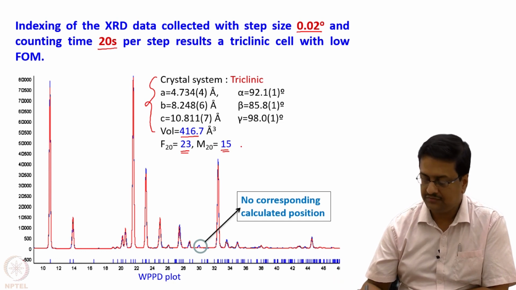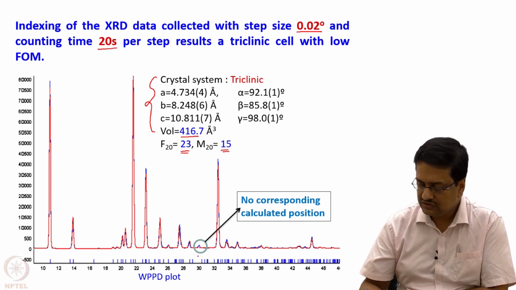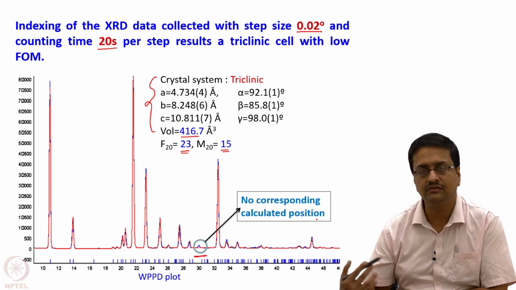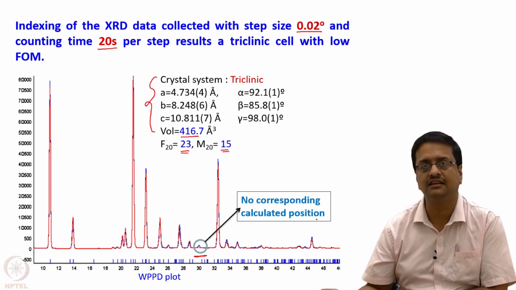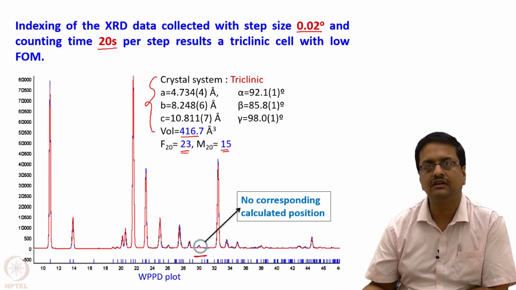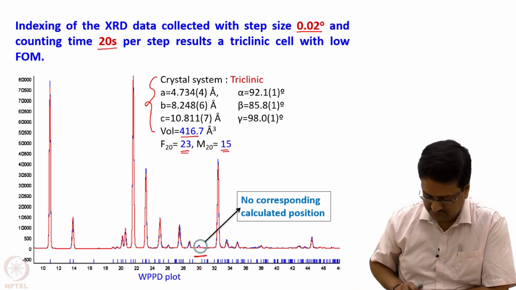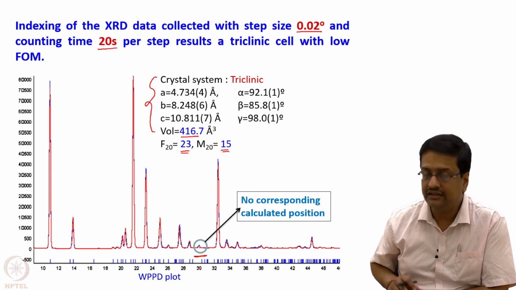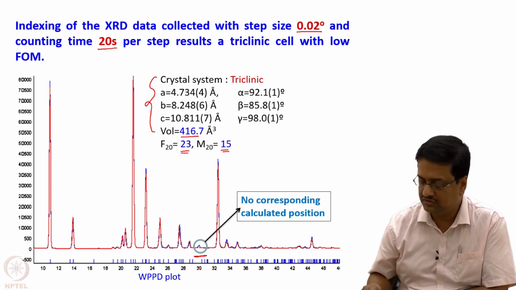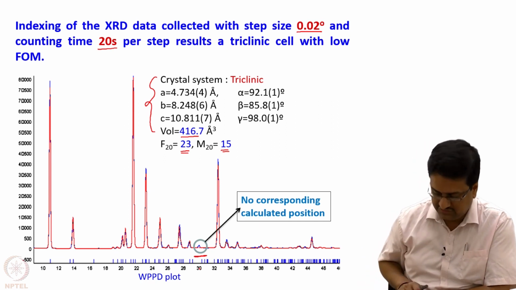What we identified is that for one particular peak, there was no corresponding calculated position. There is an option that you can calculate the peaks based on the indexing as well. So one particular peak did not have the calculated position, or rather, at the calculated peak position there was a peak, but there was no real peak in red.